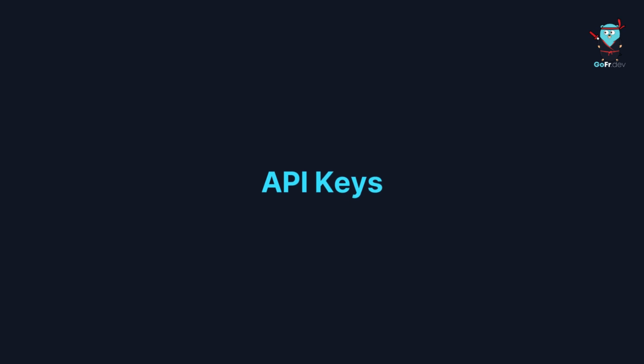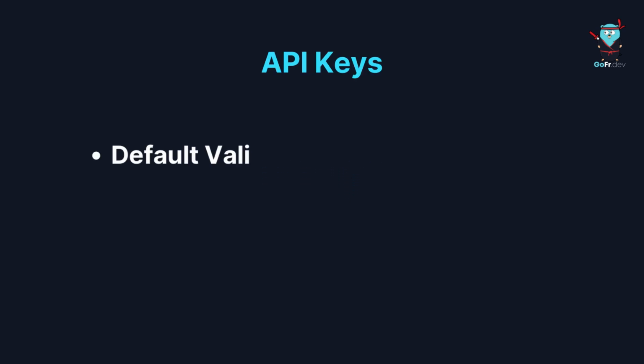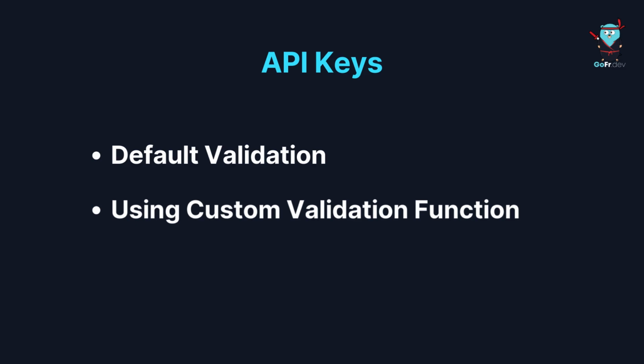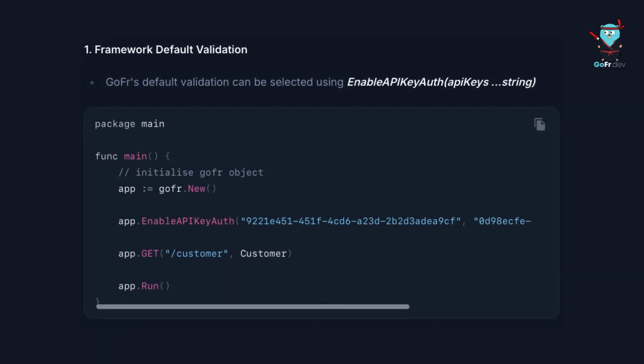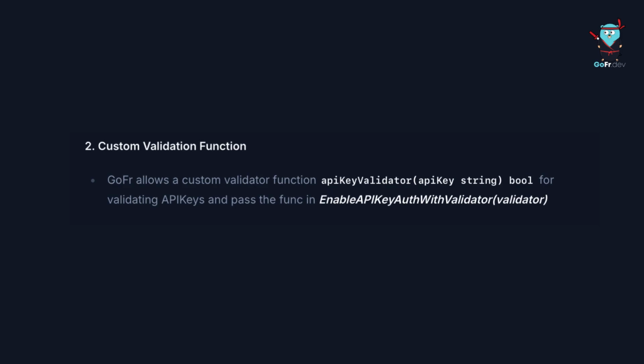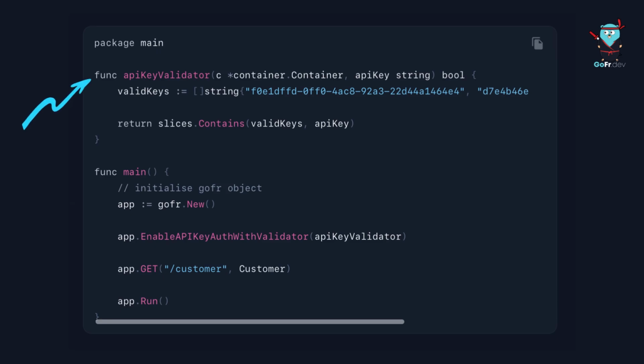In case of API keys, again GoFr offers two ways to implement it. That is the default validation, which can be selected using EnableAPIKeyAuth and then passing the API keys that are allowed. Or again, you can use a custom validation function by passing the function in EnableAPIKeyAuthWithValidator that takes a validator function. This validator function is an API key validator that takes an API key and returns a bool value for validating API keys.